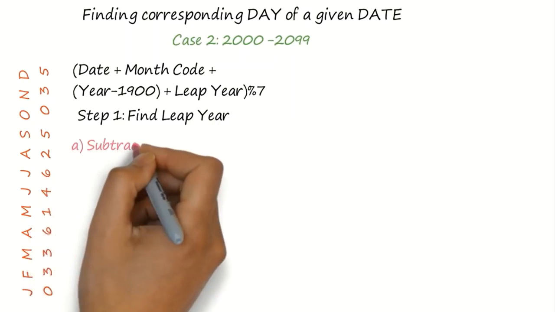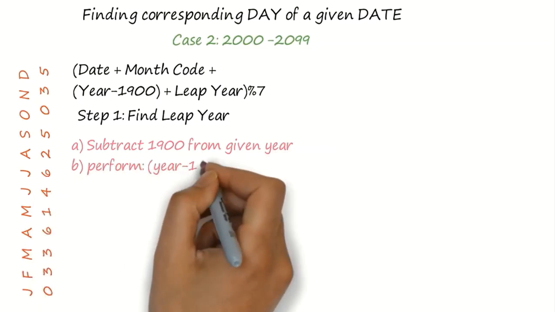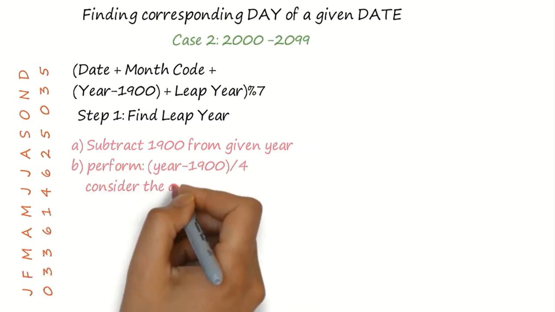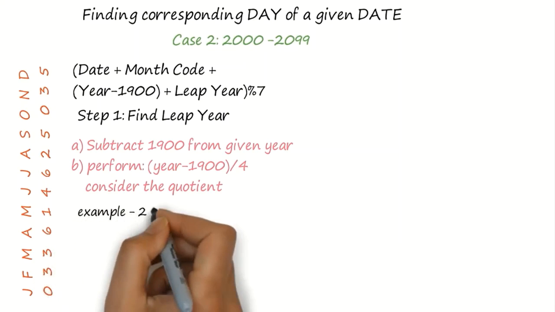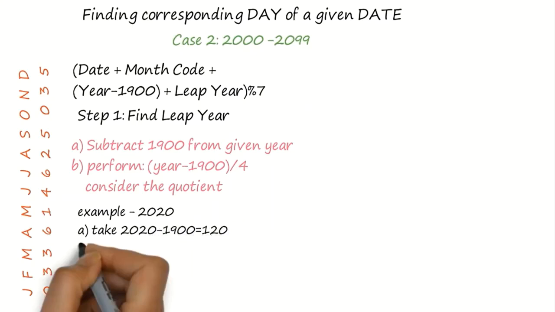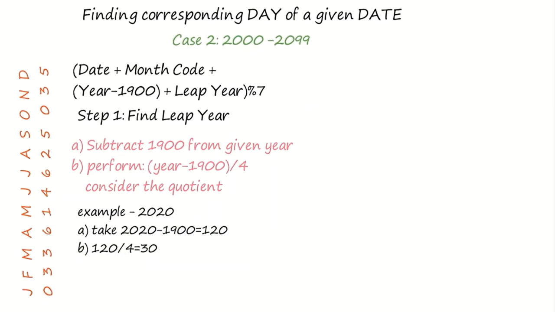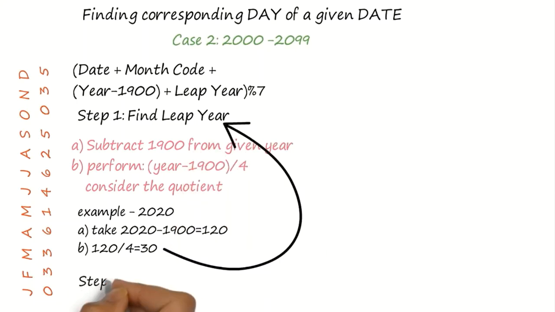Here we need to subtract 1900 from the given year and then take the quotient after dividing it by 4. So for an example, for the given year 2020, we subtract 1900, which is 120, and dividing it by 4 gives the number of leap years as 30.